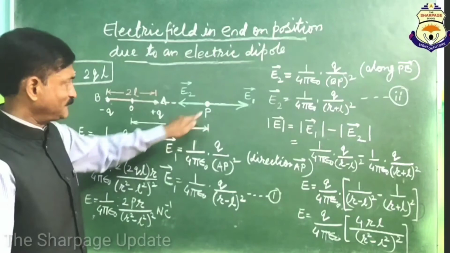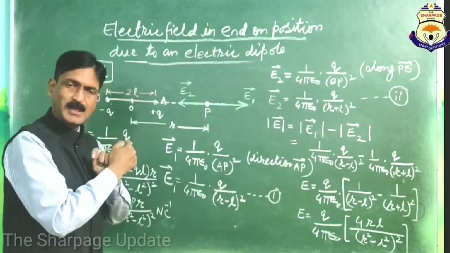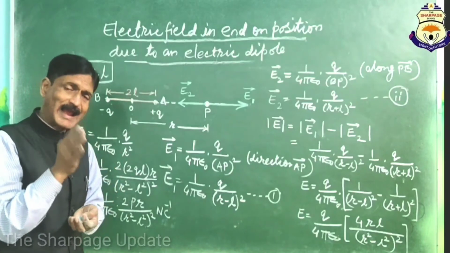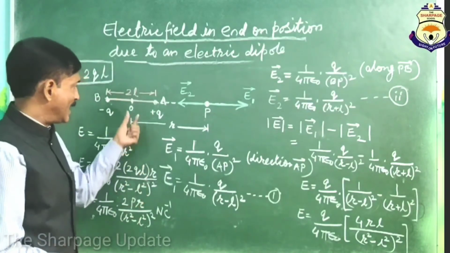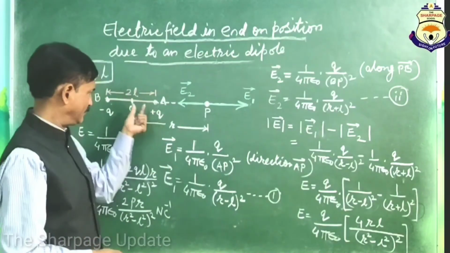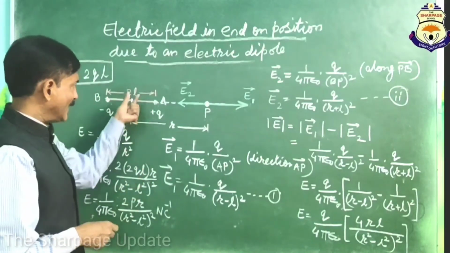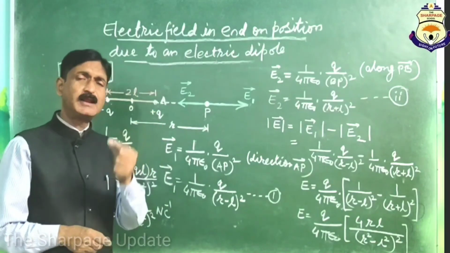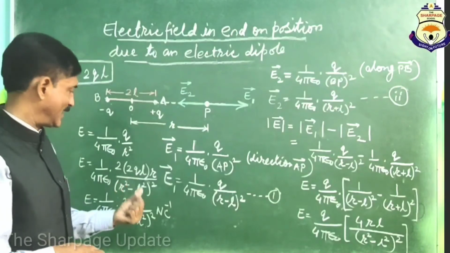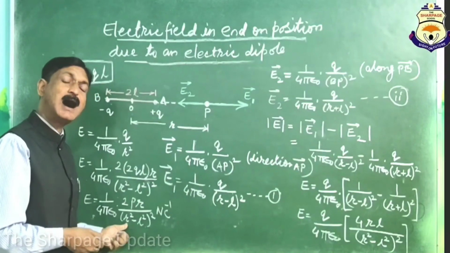Now friends, if the point P is very far from this electric dipole, then the higher powers of L can be neglected, because if point P is very far from this electric dipole or from point O, midpoint of an electric dipole, then L is much less than R. So, the higher powers of L, means L square, can be neglected as compared to the R square.